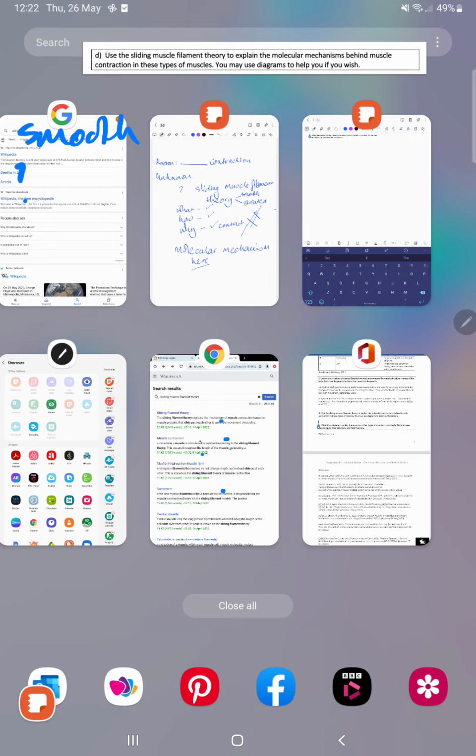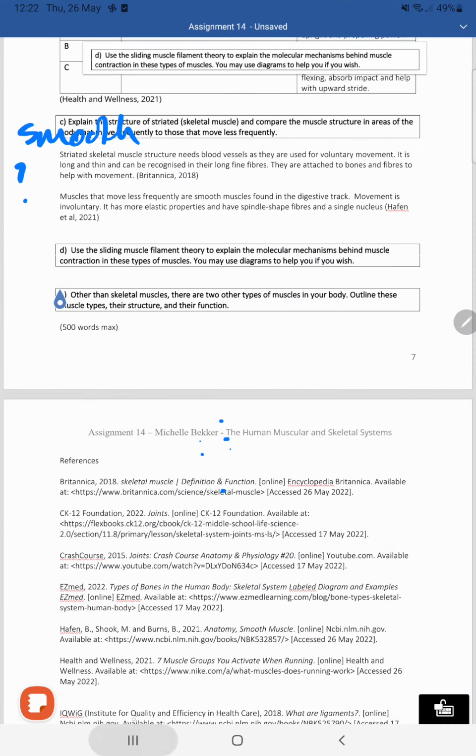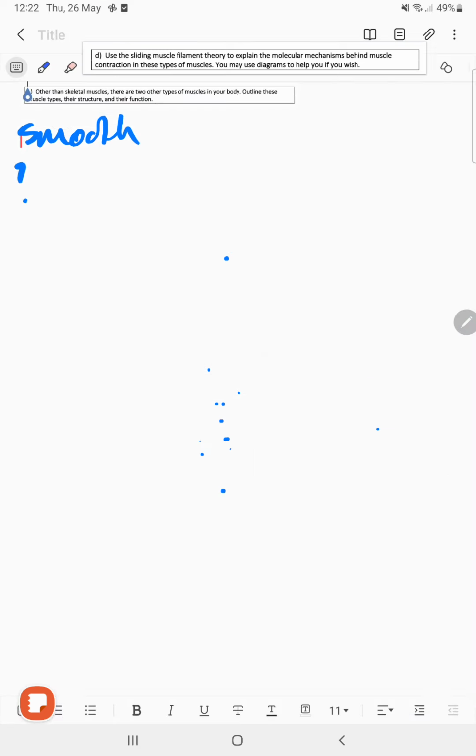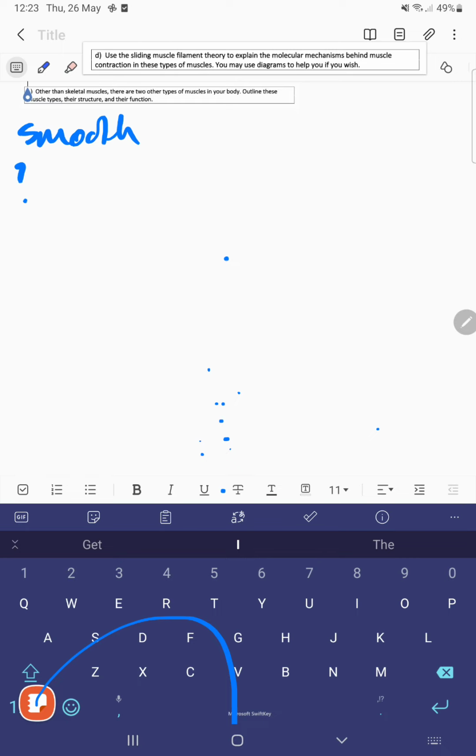And that's not helping us. Alright, so for some reason, this is not helping us. Just now I could do it, but now I can't. Now it's just writing all over the screen.